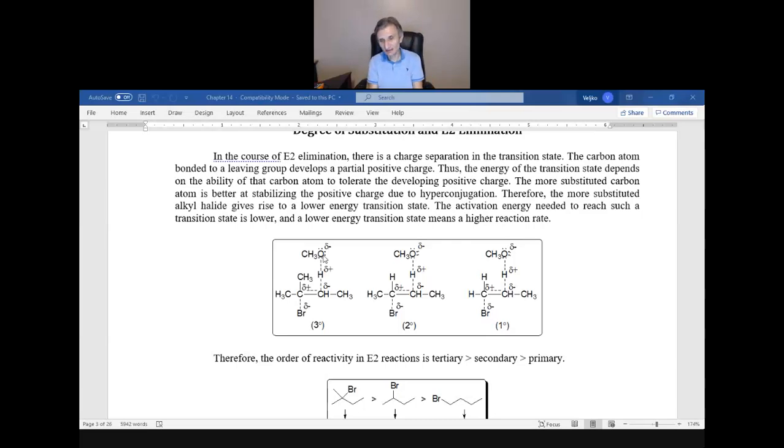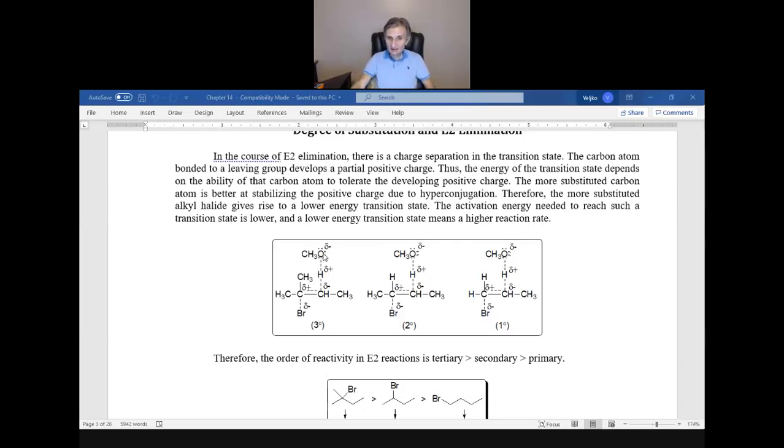And of course, charges have to alternate. We cannot have two identical charges, even partial charges, next to each other. There are some unusual mechanisms that occasionally where that happens, but it's highly unusual. And you should assume that what I'm telling you holds at all times. Maybe in advanced organic chemistry courses, if you take it, that's something that would be covered.